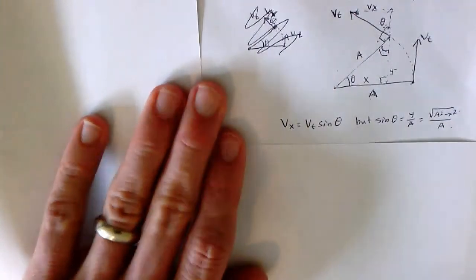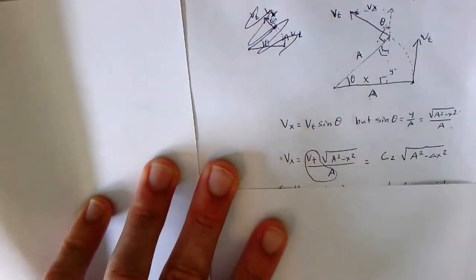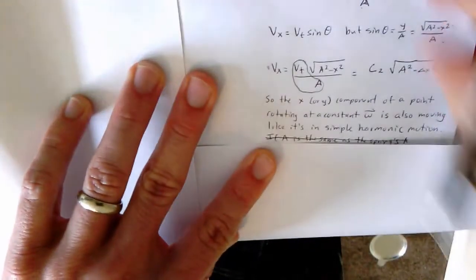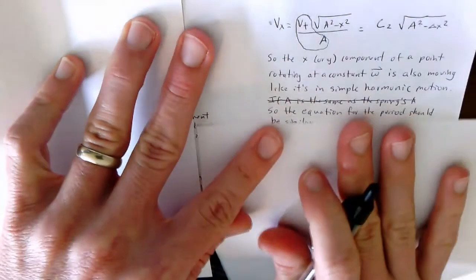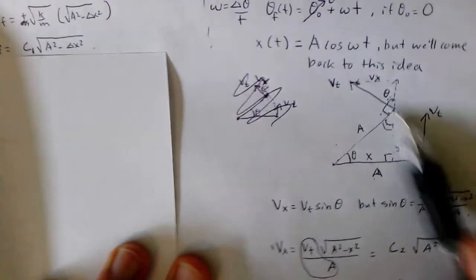So we're going to continue on this side over here. So the equation for the period should be similar. We're going to find how long it takes for this thing to go around once. We can figure that out.